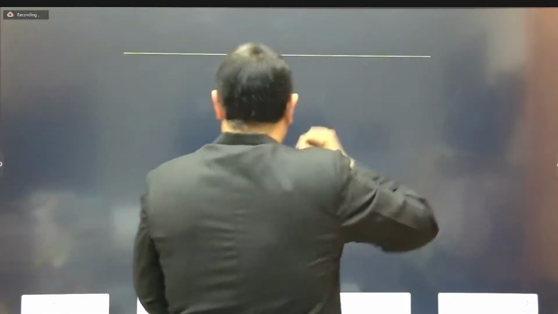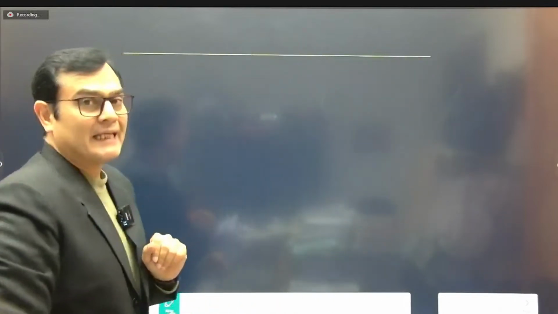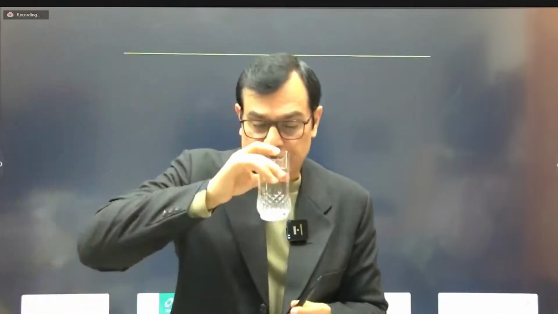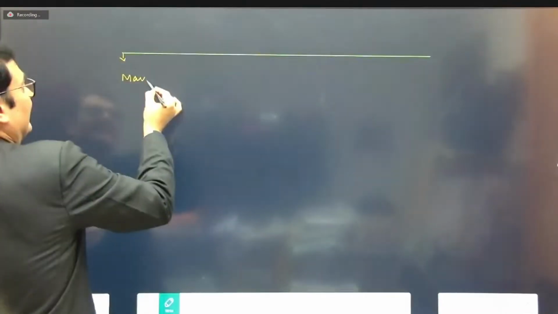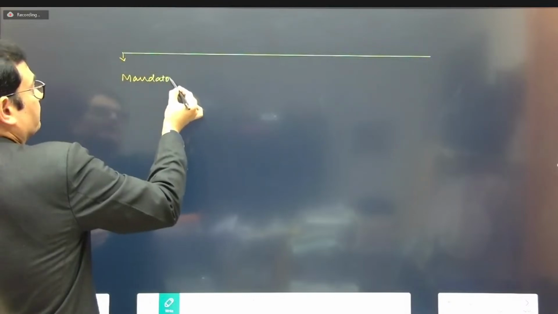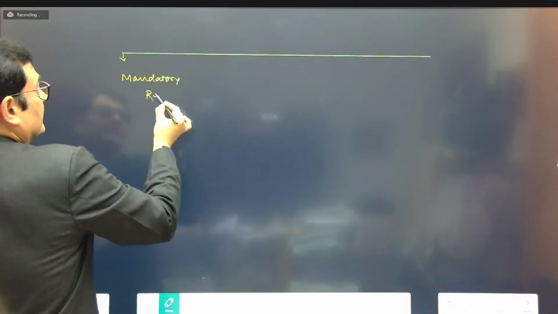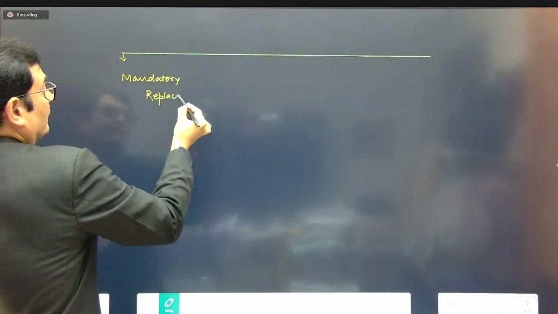We can have a total of three permutation combinations, as I said, in terms of share-based payment awards. The first case is a case of mandatory replacement.